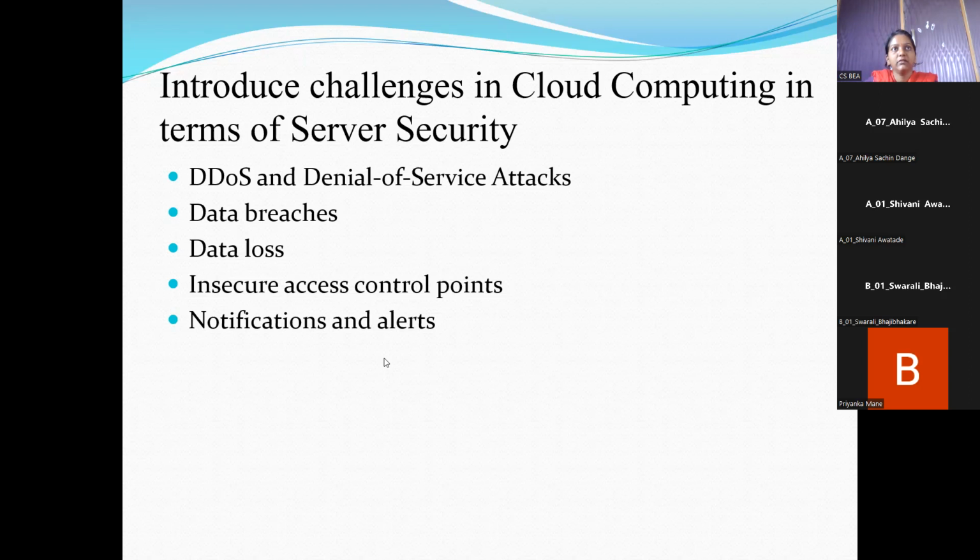Then the second one is in front of the CC lab, and the third one is in the CSE seminar hall. So suppose any of the points has been hacked. In our college premises, it is a very short distance.